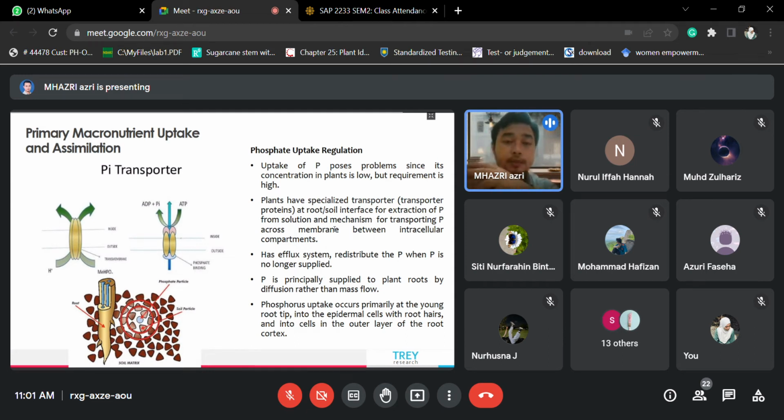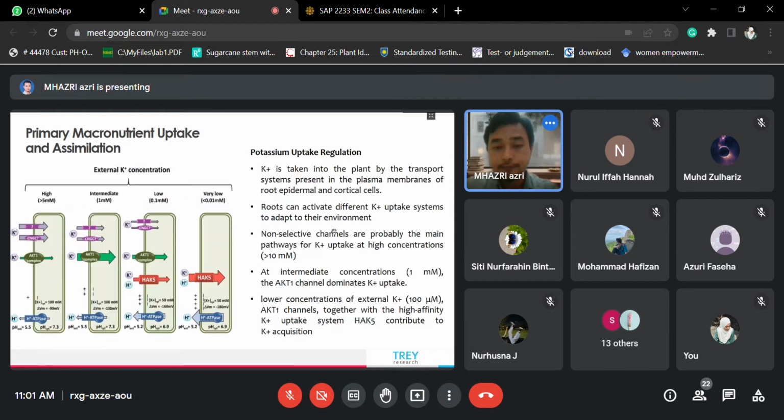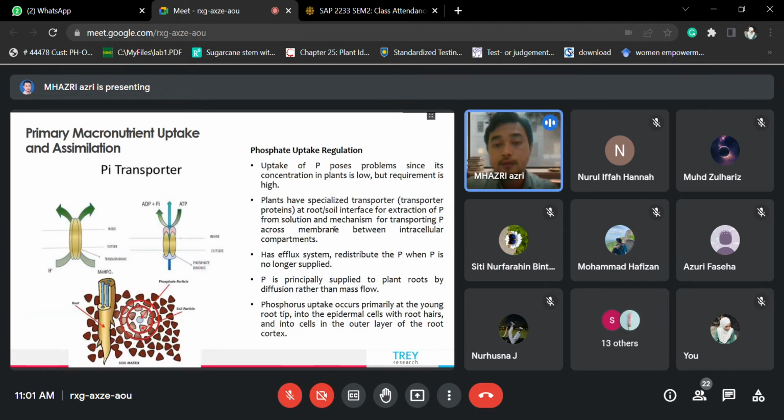Okay, sebab apa? Dekat mature root tissue dia ada Casparian strip. Okay, so this Casparian strip dia menghalang movement of elements. Okay, sebab tu elemen-elemen biasanya diabsorb daripada root hair. Okay, so this is phosphorus.